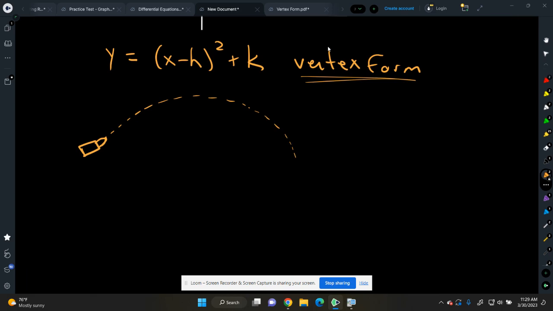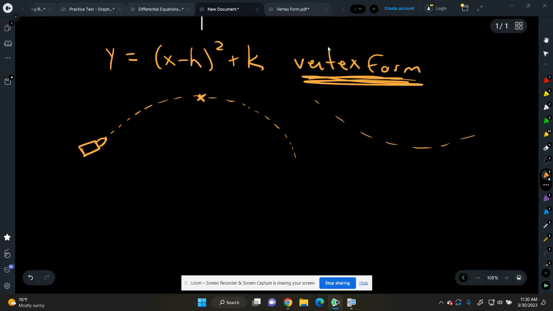The vertex is going to give me the maximum height of that projectile path. This is its application to the real world. Okay, this is one example of its application. So that vertex is very important because it helps me identify the maximum, or if it's something that's going down like this, the minimum value.